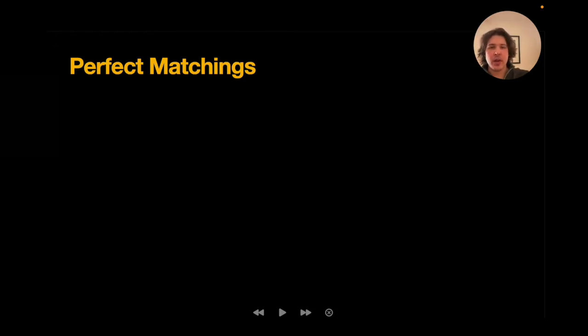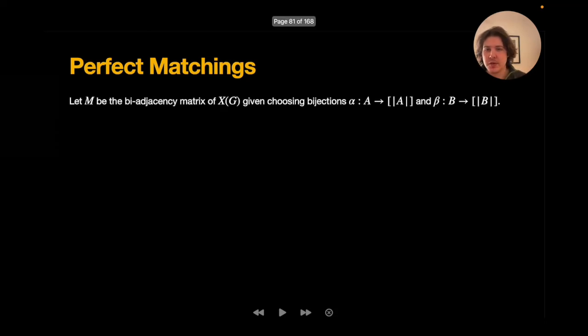So we want to find some way of making sure the determinant is non-zero in Gn. We're going to do that by going through a whole process of first counting perfect matchings and showing how perfect matchings relate to the determinant, et cetera. This is what we're going to be discussing in the next few slides.